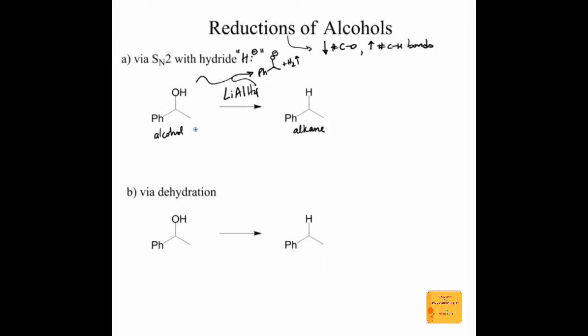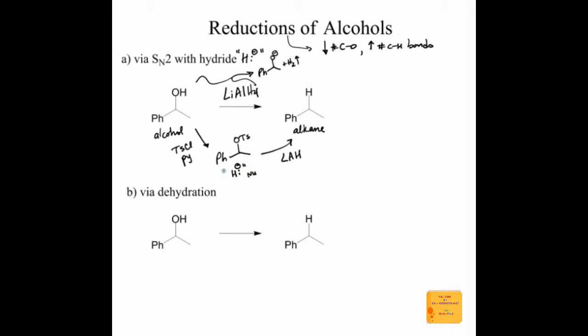So instead, here's another case where if we instead made the tosylate, tosyl chloride and pyridine, replaces the OH with an OTs. Now that we have a good leaving group, LAH, lithium aluminum hydride, can do an SN2. This is a great nucleophile.